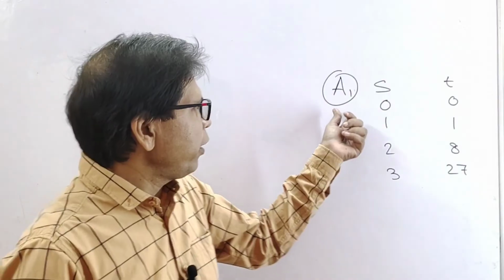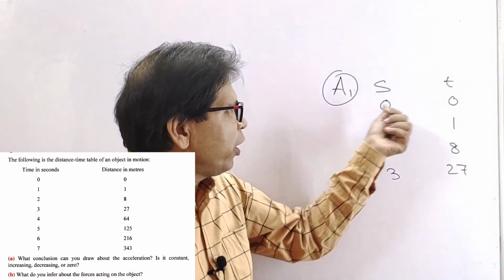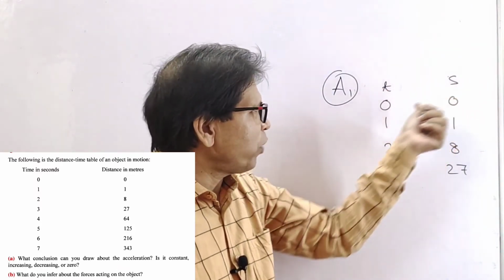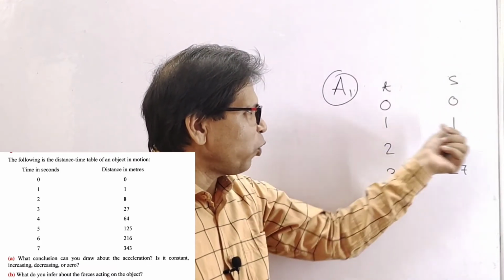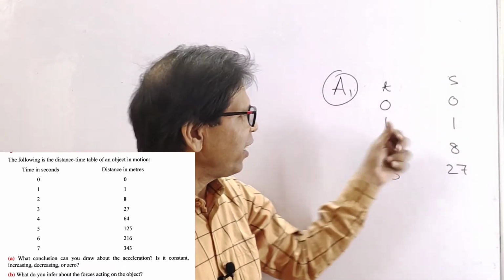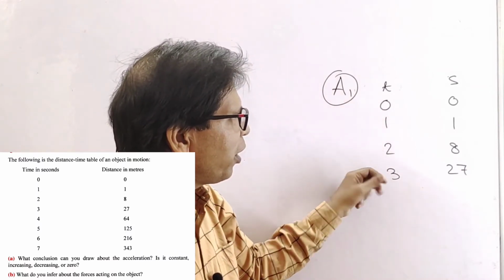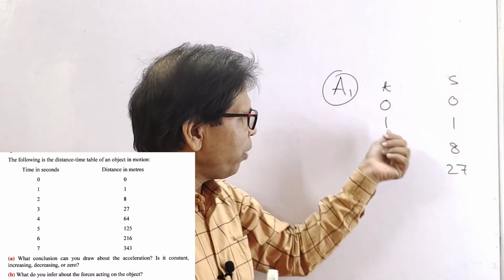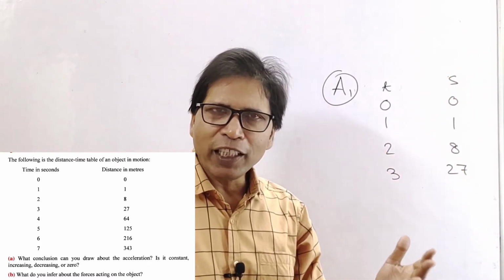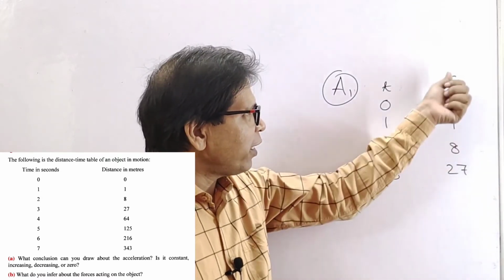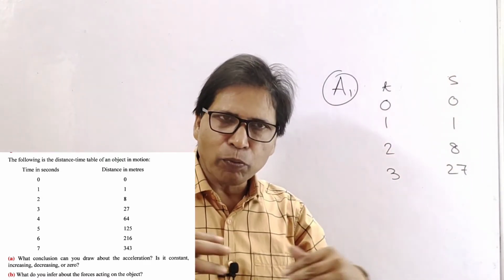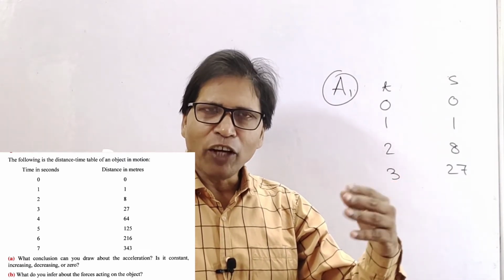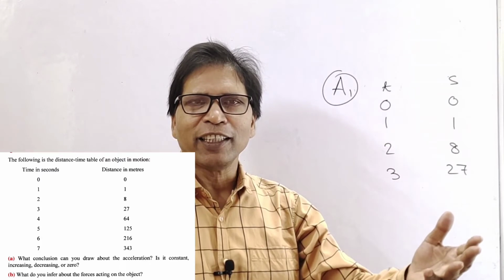Okay. Next. Now additional numerical 1. Now look at this, this is the time and this is the displacement. Look at this: 0, 0, 1, 1, 2, 8. Look at this, for equal intervals of time, the distance increases more rapidly, therefore velocity increases. As displacement increases more rapidly, its velocity increases, and acceleration also increases.